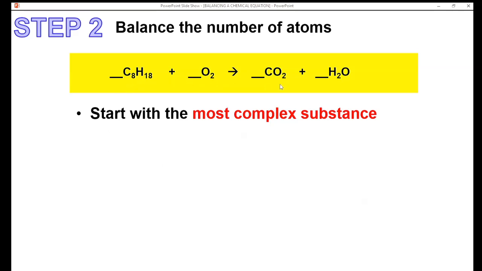In this case, the most complex substance is octane itself. Since octane has 8 carbon atoms and 18 hydrogen atoms, compared with other components such as oxygen, carbon dioxide and water, octane is far more complex. So we are going to start with octane.